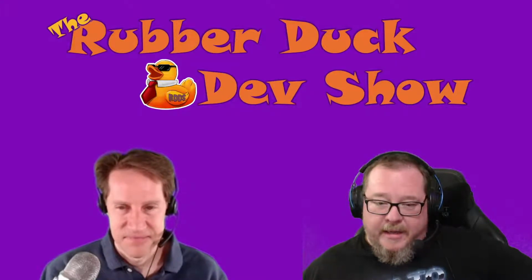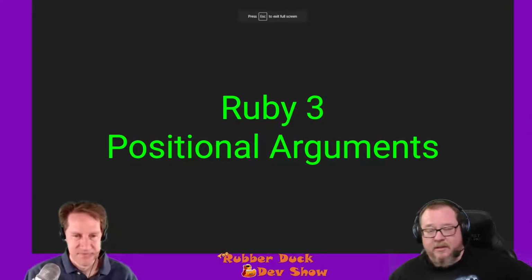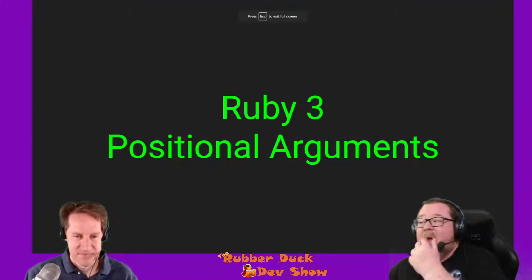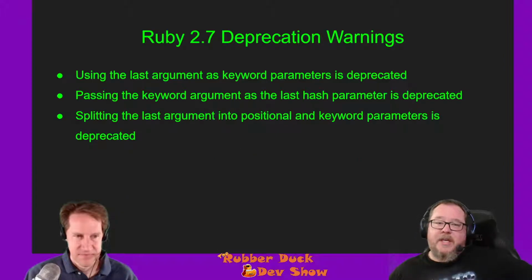All right, so Ruby 3, positional arguments. Holy crap. Let's start with, if you're on 2.7, you will see some deprecation warnings, and it's one of these three. Using the last argument as keyword parameters is deprecated. Passing the keyword argument as the last hash parameter is deprecated.